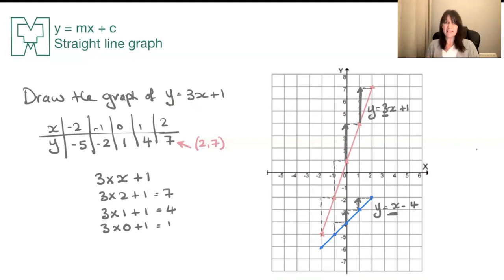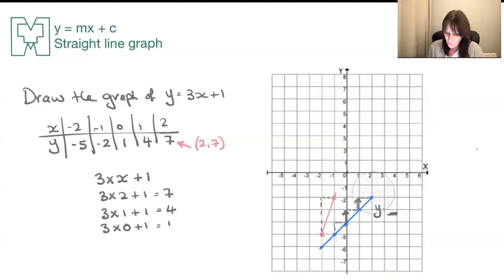I don't want you to necessarily dwell on that, but there is a big part of this topic about gradient and steepness, and that's the initial idea that starts us on our journey of gradients within the topic. So I thought I'd pop it in this video.